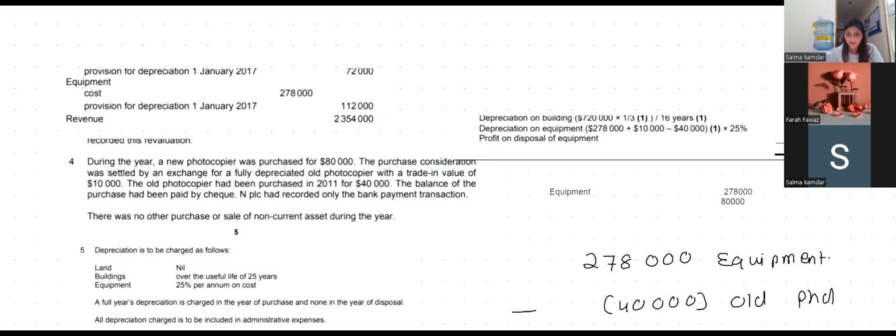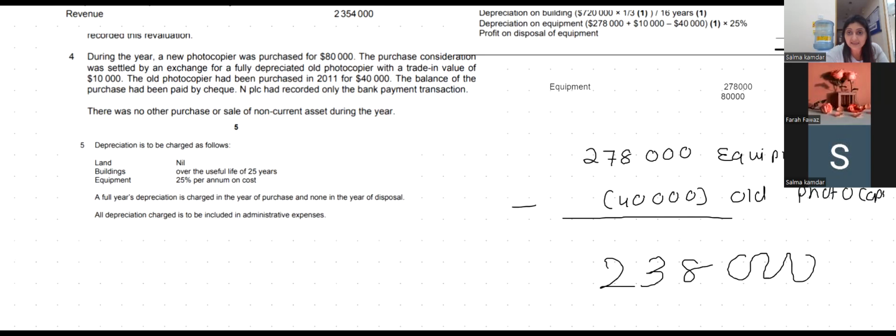So now what is the cost of the remaining things that you have? 238,000. 238,000 is the cost of the remaining photocopier that you have. Now you have to depreciate the photocopier equipments at 25% on cost. New photocopier was purchased for 80,000.